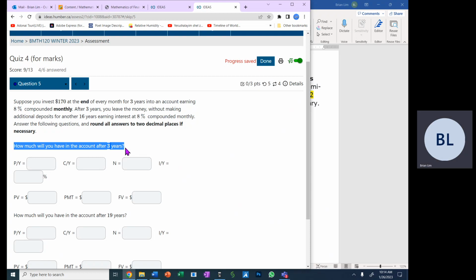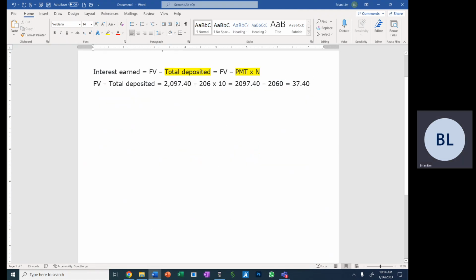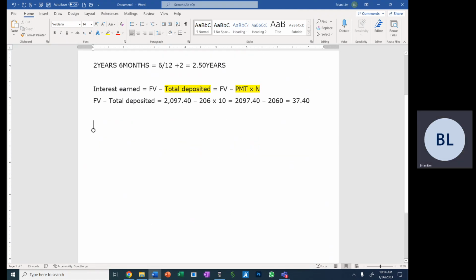Let's have a look at it, and then we can put in our values and see what comes out. Let's copy it and paste it in here. This is question number 5.